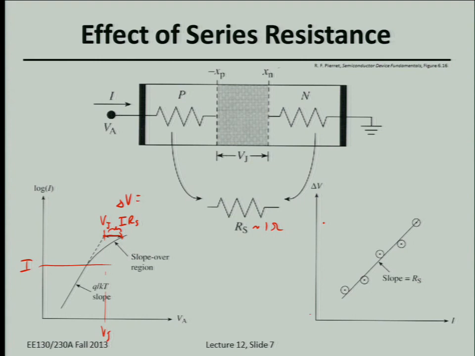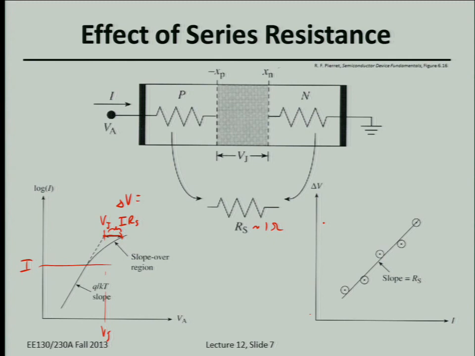Remember last time somebody asked, in a PN junction diode, can you ever apply a forward bias to flatten out the curves, or even make the curve bend the other way? The answer is no, because if you increase the voltage that much to make the potential barrier go down that much, the current will increase so much that you'll see high-level injection effects, or this kind of series resistance effect.